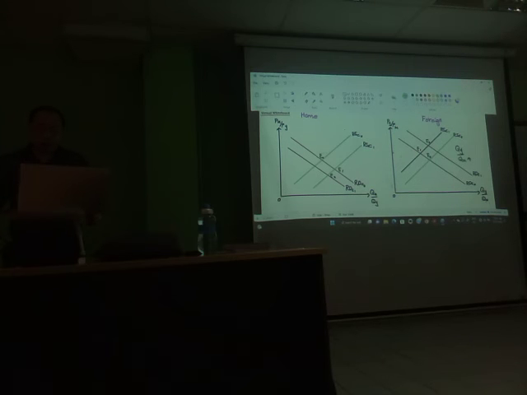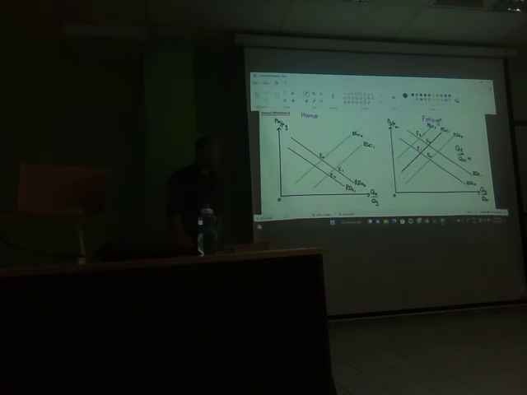But in the end, home expects to realize protection for its local sellers of good X. But at the end of the day, what happens is the terms of trade decrease when foreigners counter home's approach to protect itself by adopting an import tariff.